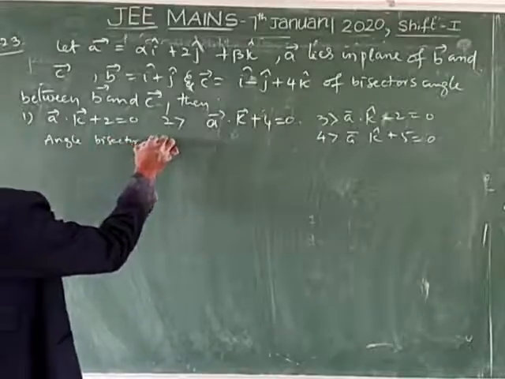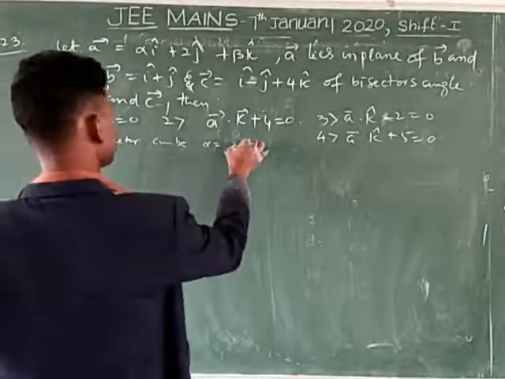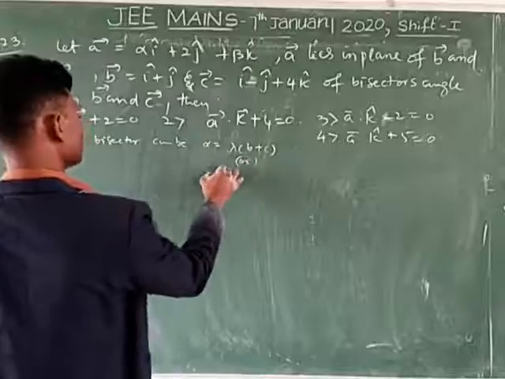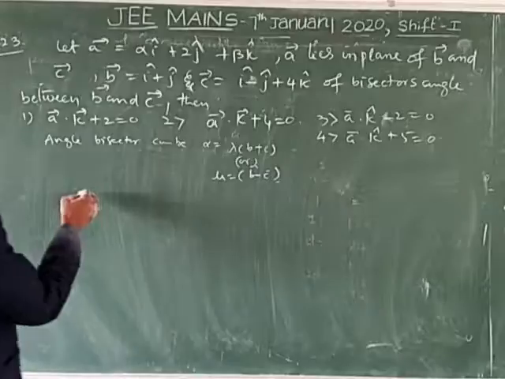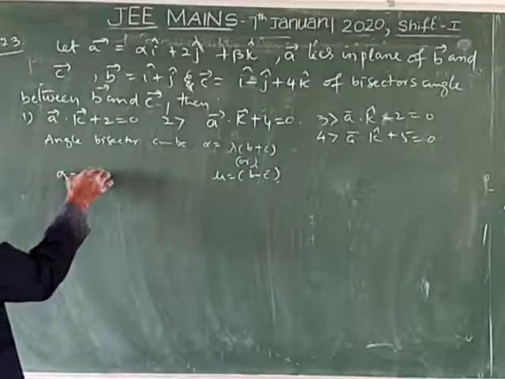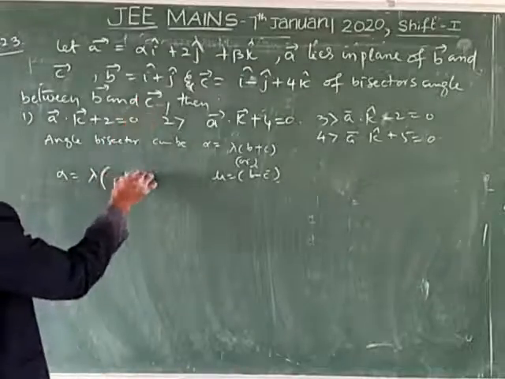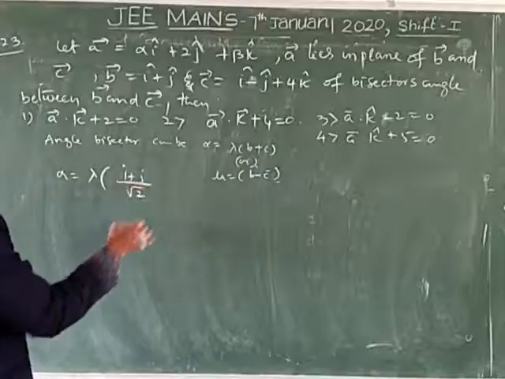The angle bisector can be here alpha is equal to lambda into (B plus C) or mu into (B minus C). First case we have to take alpha is equal to lambda into (B plus C). Here B is i plus j by root 2, that is 1 plus 1 root 2.